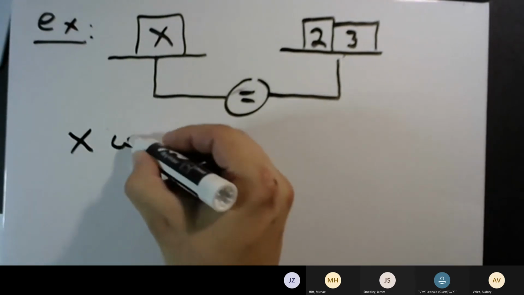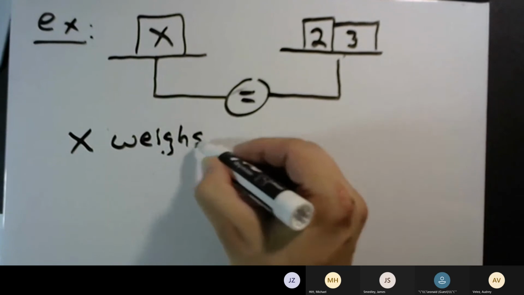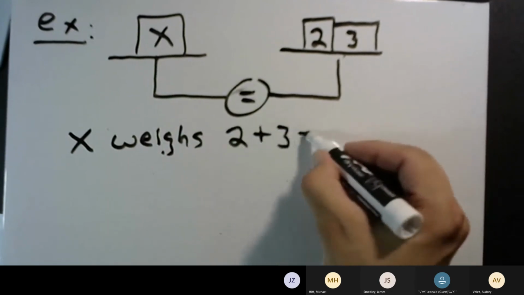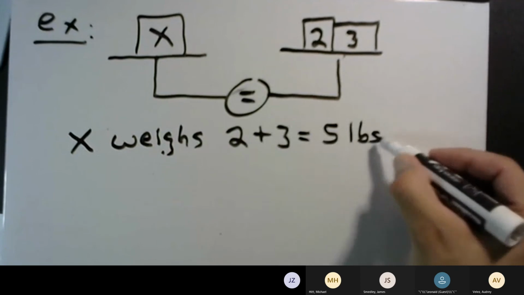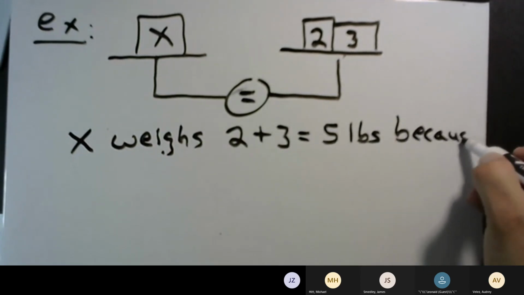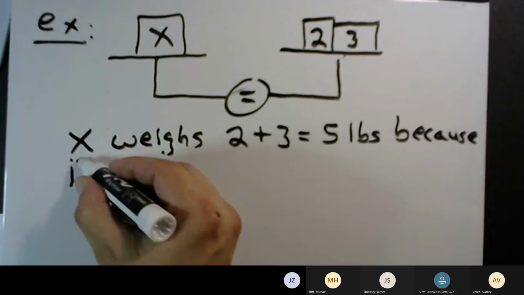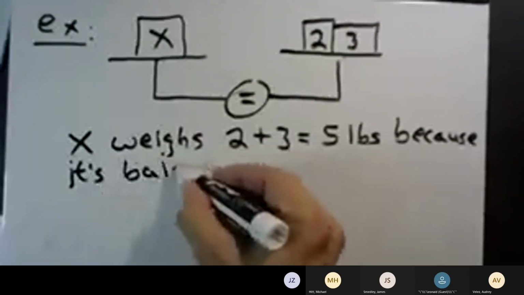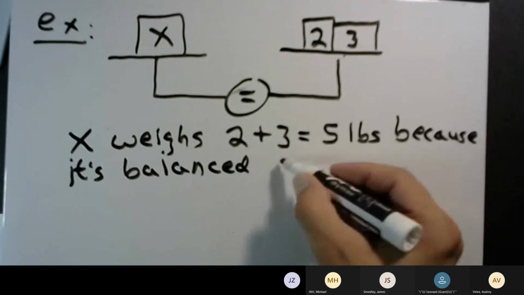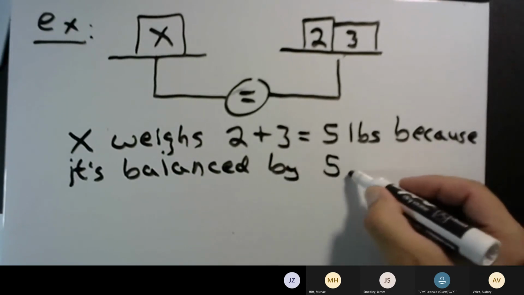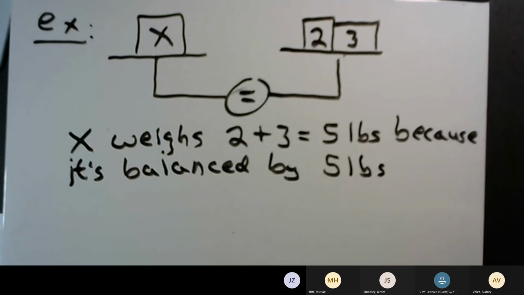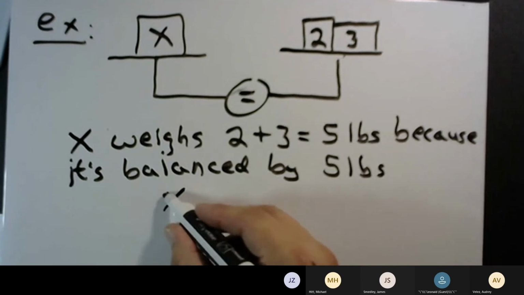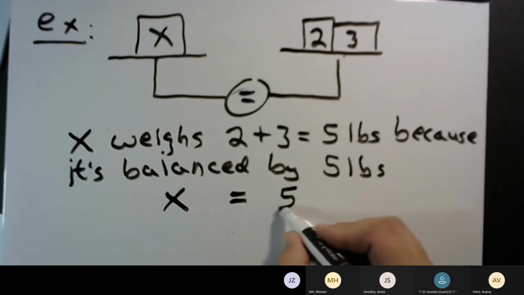Well, X weighs 2 plus 3, and let's say we're using pounds, or 5 pounds, because it's balanced by 5 pounds. So the way we write this mathematically is we say X is balanced by 5.